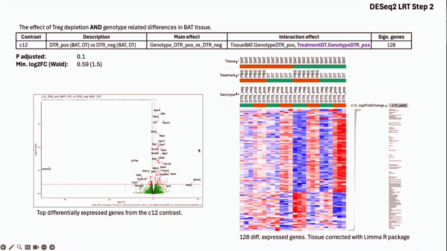If we want to look at a particular contrast, we can run DESeq2 step 2, and then, for example, provide the contrast name C12. Let's say we want to see the effect of Treg depletion and genotype-related differences in this specific tissue. So when we run the workflow, DESeq2 step 2, we can put the name of the contrast which we want to calculate.